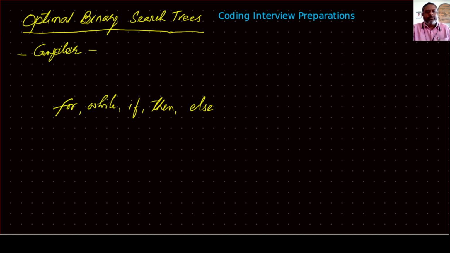A compiler is one which converts high level language into machine level language, or say a .c program into .exe code. In doing this, it has to be language dependent, and when you're talking about language, every language will have some special words called the keywords.